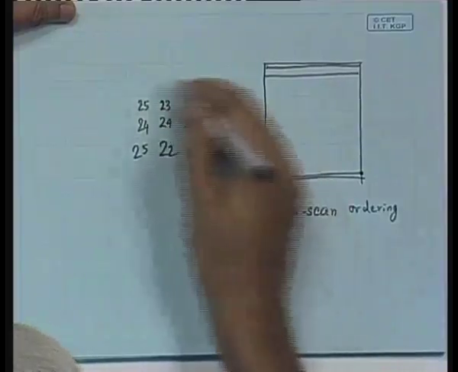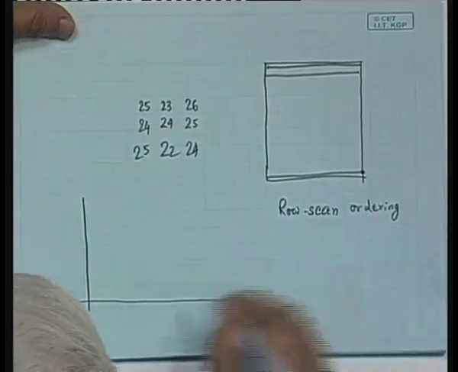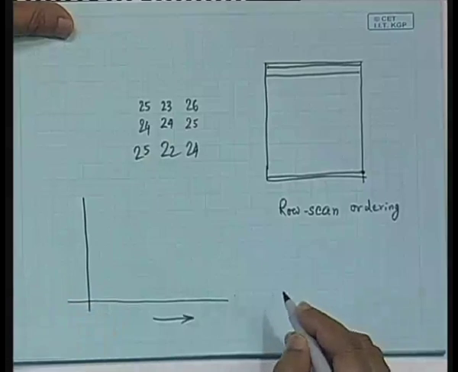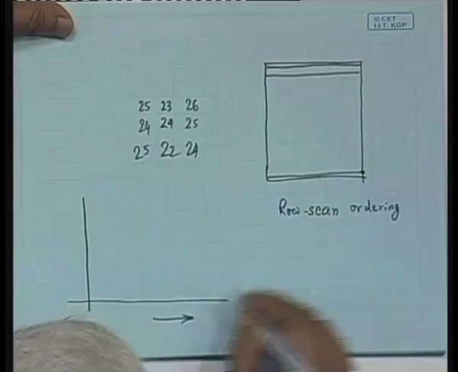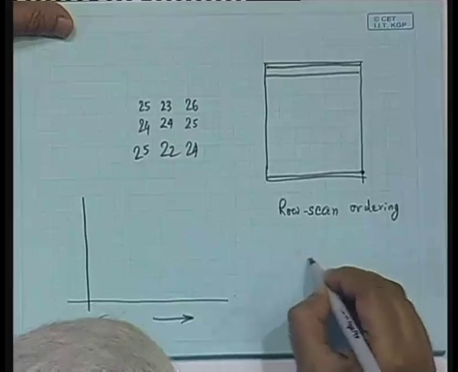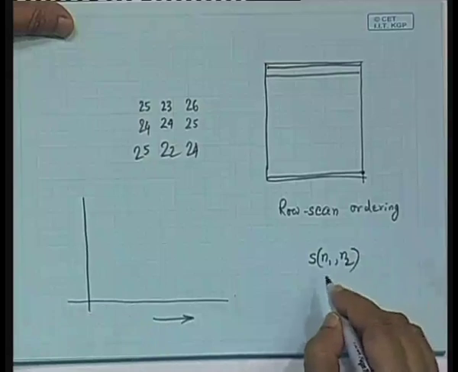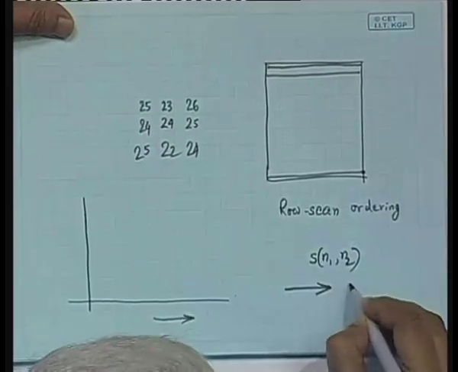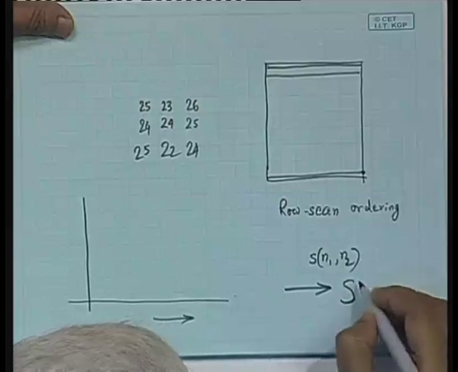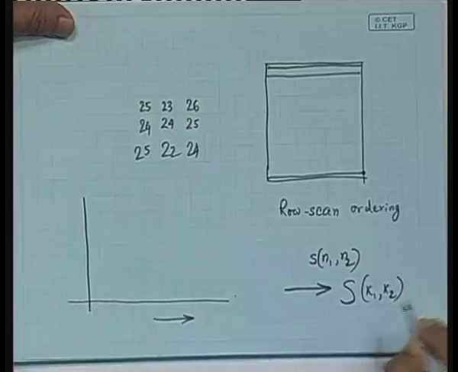So, if we obtain some kind of plot, not for this small example image, but for a general image, let us say that this is where I plot the frequency, okay. So, what we want to do is that from S n1 n2, that is to say the original image array, we must transform that into a transformed space which we are indicating as S k1 k2.